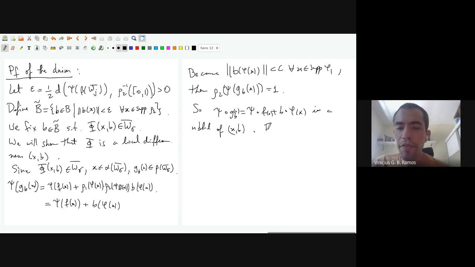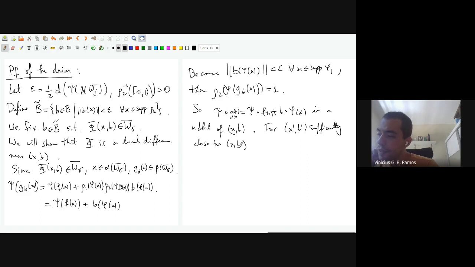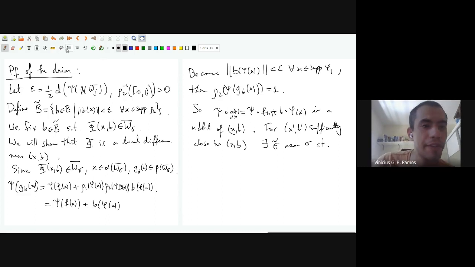So it means that for x prime, b prime sufficiently close to xb, there exists a sigma tilde near sigma such that, no, sorry, I want to invert the other guy.